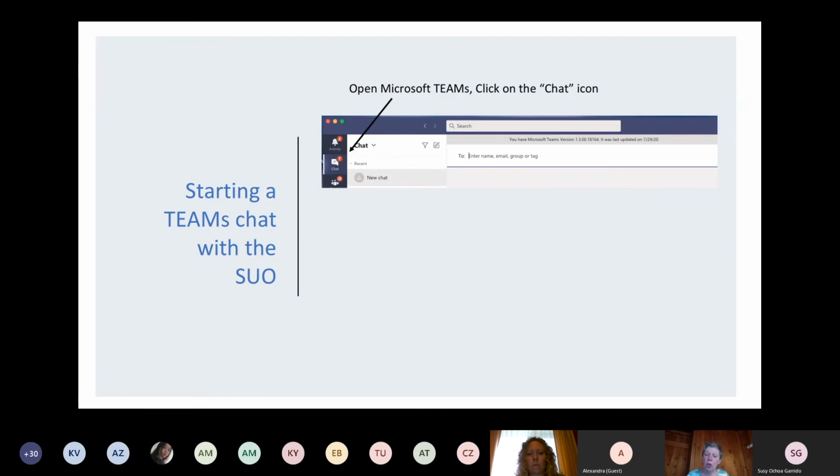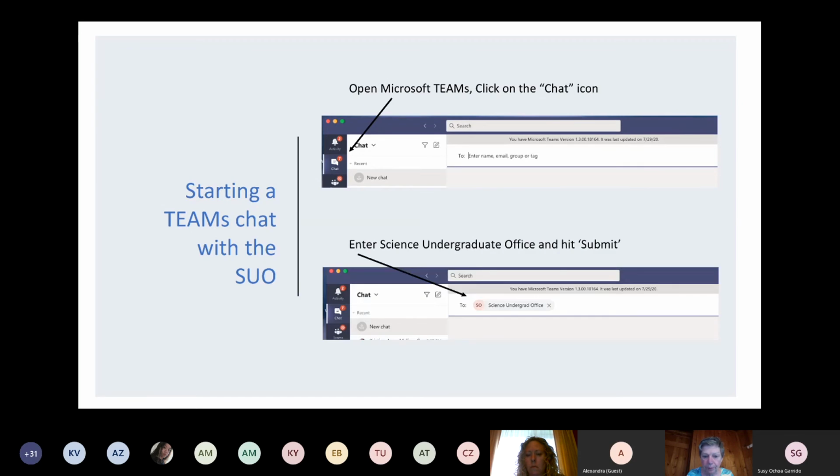You can also chat with the Science Undergrad Office. If you want a quick answer, you can enter Teams chat just in the platform that you're in right now. You can see along the side that there is a chat icon. So you open this, next slide please, you click on that.